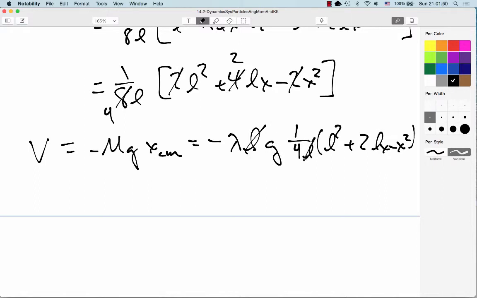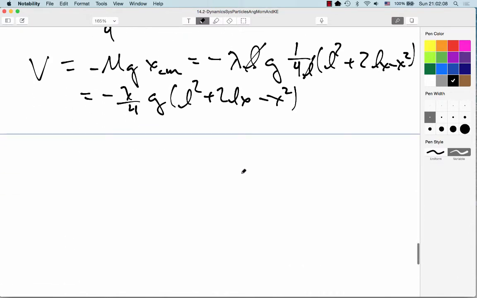So cancel there. So it becomes minus lambda over 4 times g times L squared plus 2LX minus X squared.